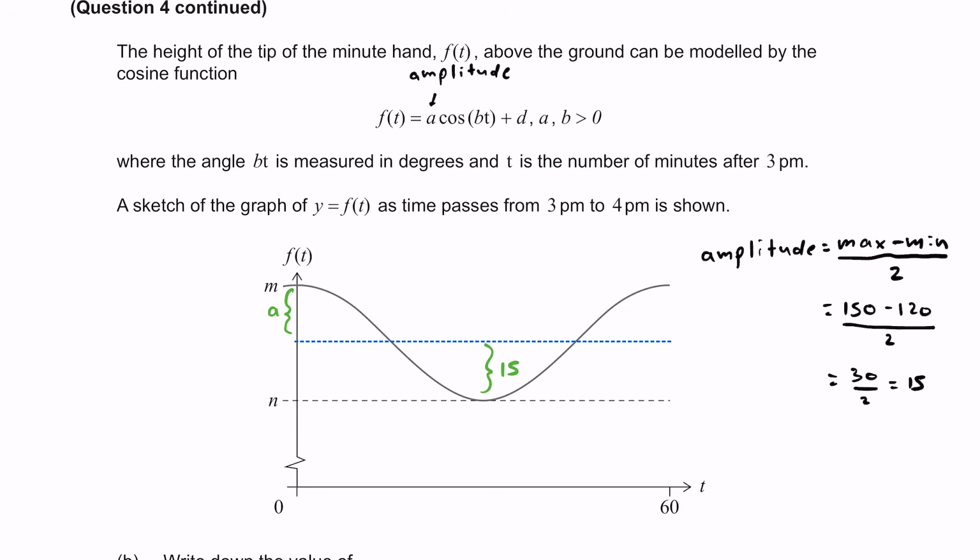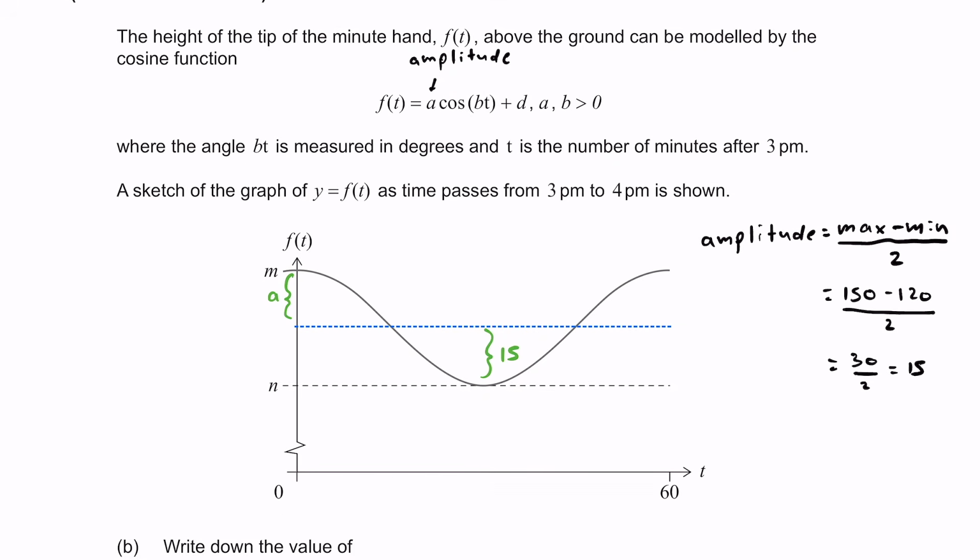But what is the formula that allows us to calculate B? Well, B is equal to 360 divided by the period. Well, what is the period? The period is the time taken to pass through one revolution, or in practical terms, the time taken to go from one point back to that point.